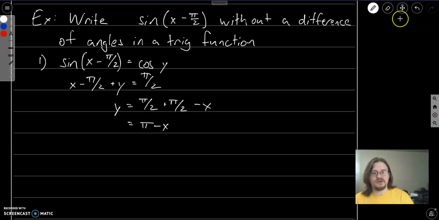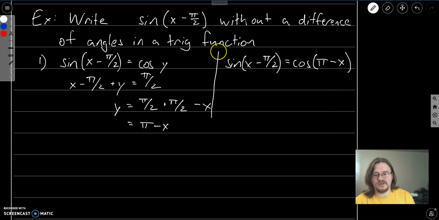Cool. So what I can do is then write sine of x minus pi halves is the same thing as cosine of pi minus x.